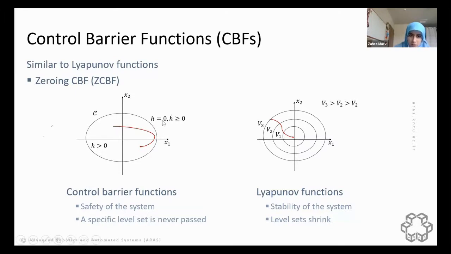We are getting closer to h equal to 0, which is dangerous for us. Now the derivative becomes positive. When we have a positive derivative, h has to increase. So when h increases, it means the trajectory is pushed back inside the set. So the safety of the system is satisfied, and this set remains forward invariant.